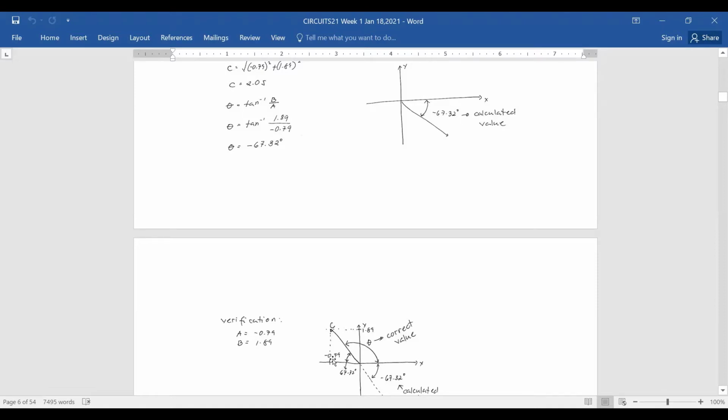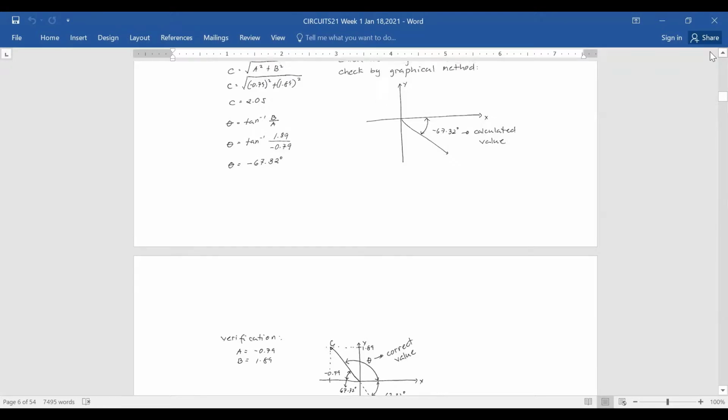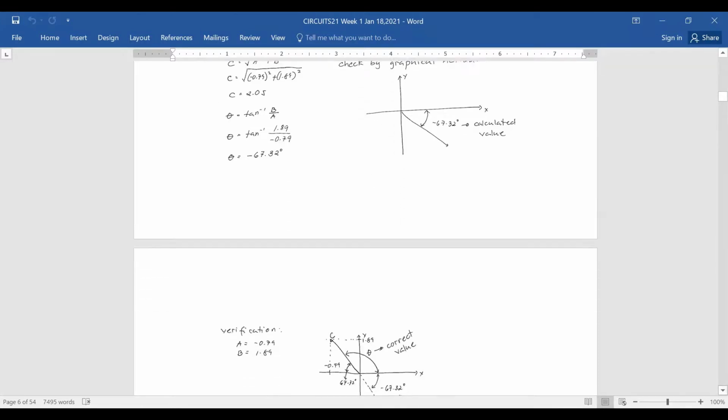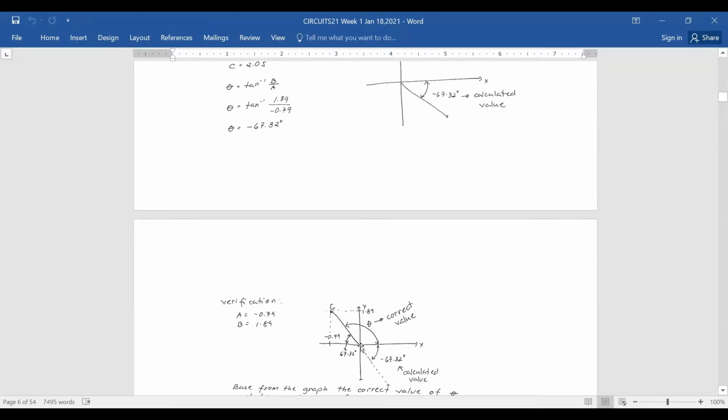This one, negative 0.79. And the second term is 1.89 sine 2t. Where is that? The sign is positive. Since it is sine, it is located along either the positive y or negative y-axis. Since it's positive, it's located along the positive y-axis, this one, 1.89.